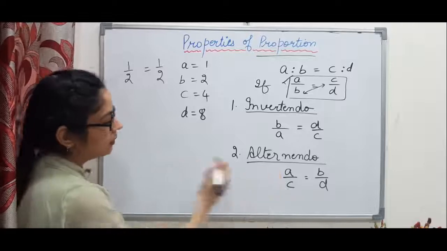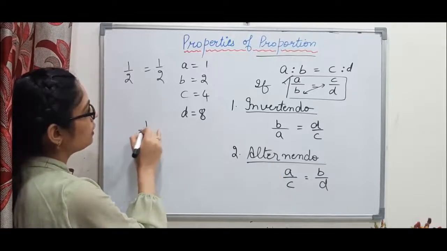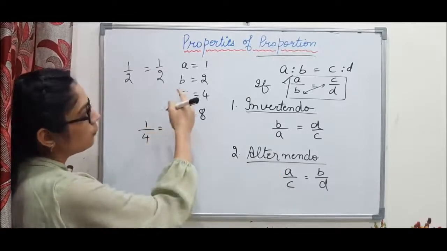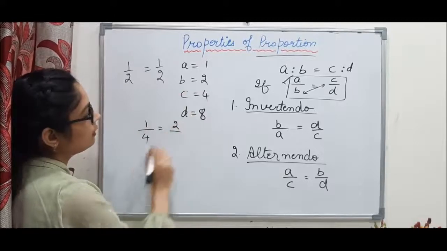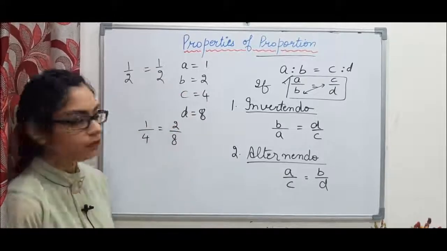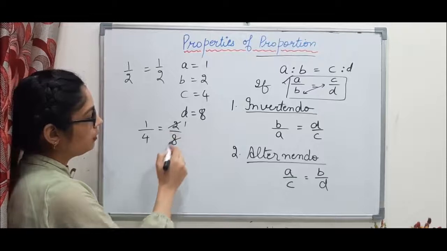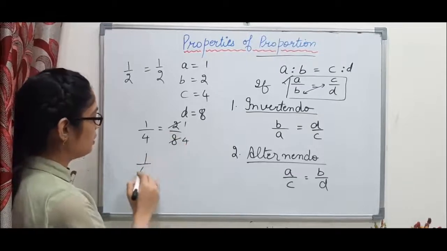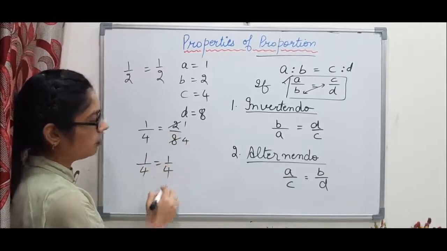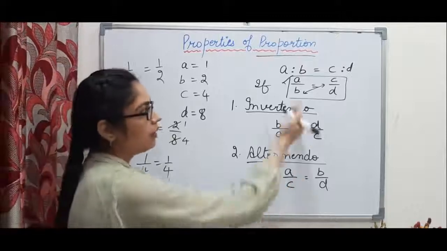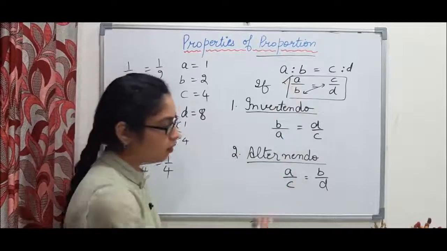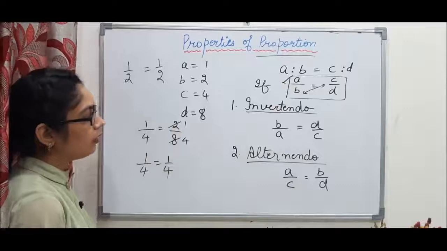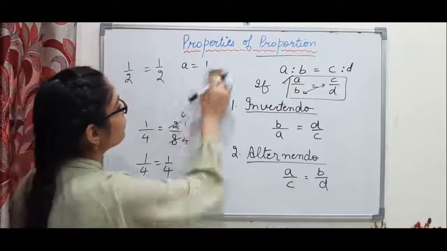Now let's see A by C. A is 1, C is 4, B is 2, D is 8. 2 into 1, 2 into 4. So 1 by 4 is equal to 1 by 4. Hence proved. If this is there, then this will also be true. Now let's do the third property.